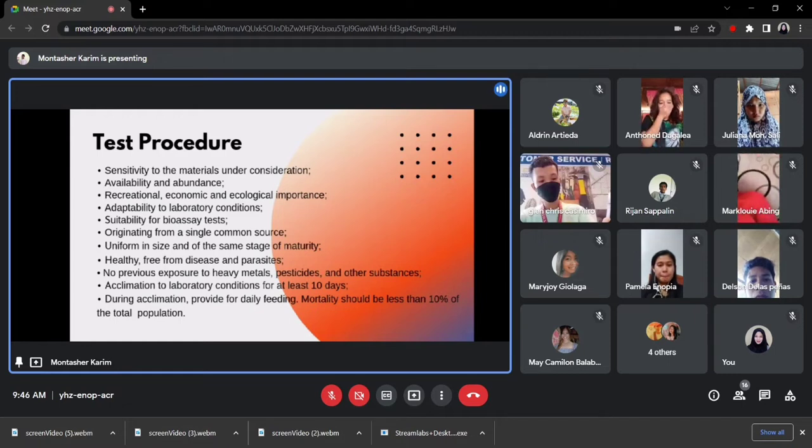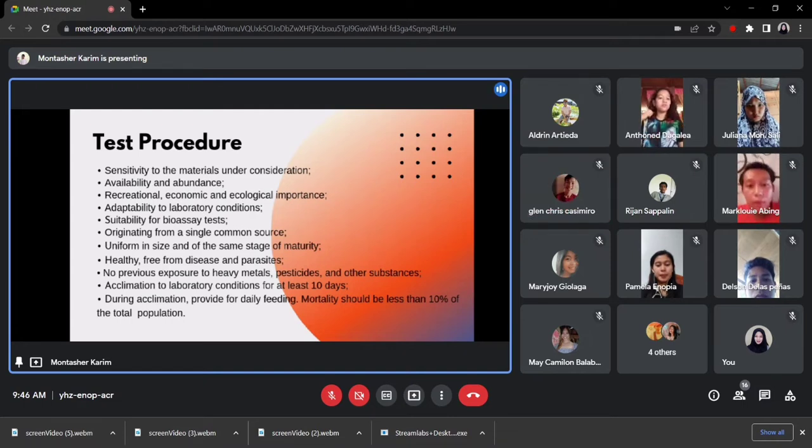Next is uniform in size and stage of maturity. Next, healthy, free from disease and parasites. No previous exposure to heavy metals, pesticides, and other substances. Next is the acclimation to laboratory conditions for at least 10 days. And last, during acclimation, provide for daily feeding. Mortality should be less than 10% of the total population.